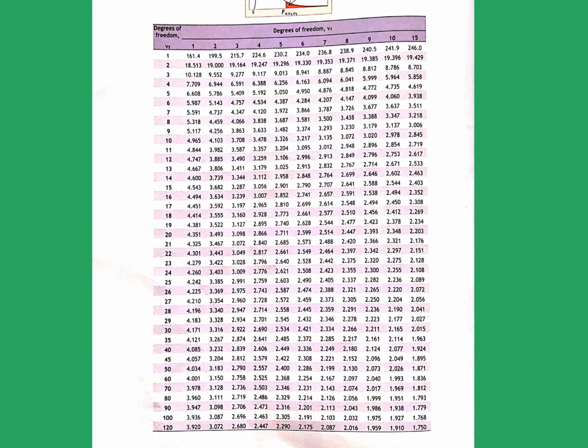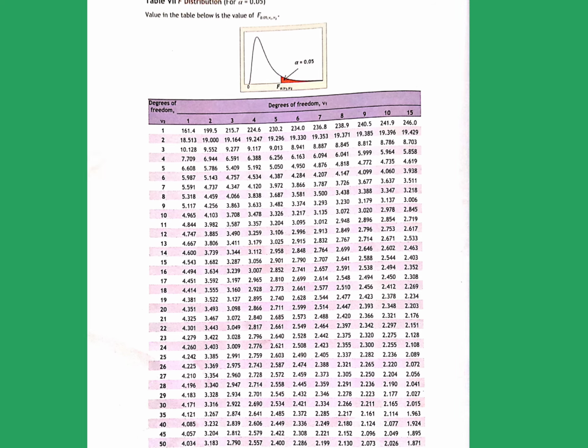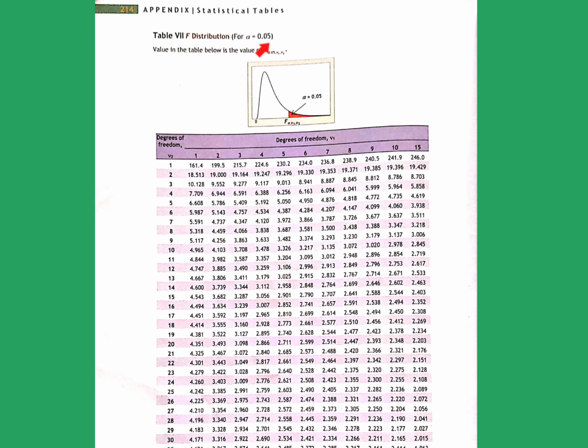This is the table of 0.05. You can look at it. For 1 and 7, it gives us 5.581, this is it, 5.591, sorry, 5.591.